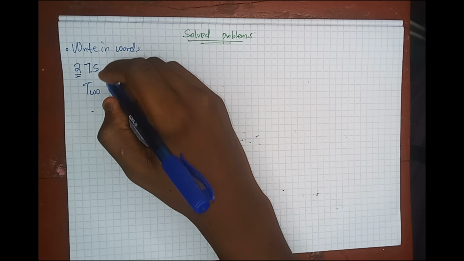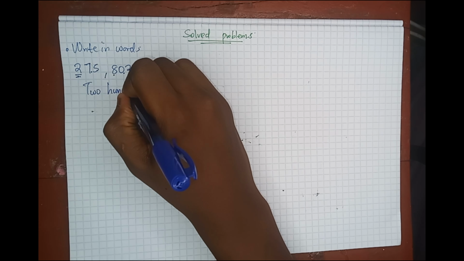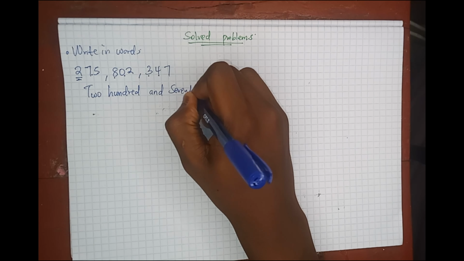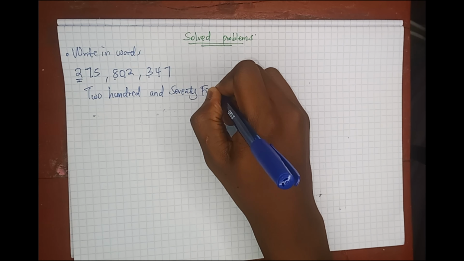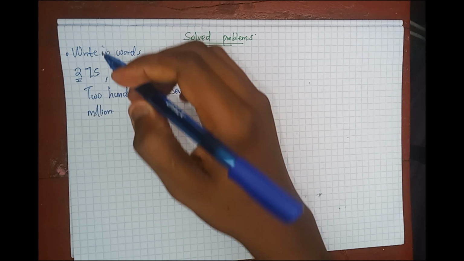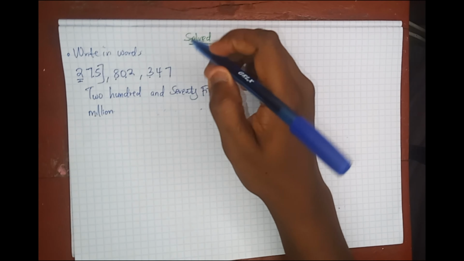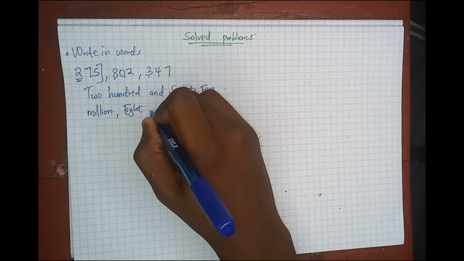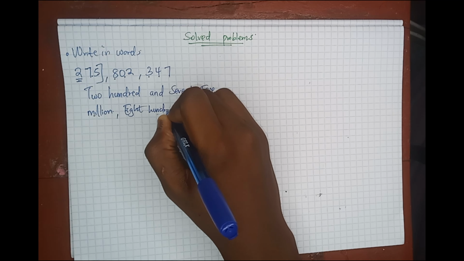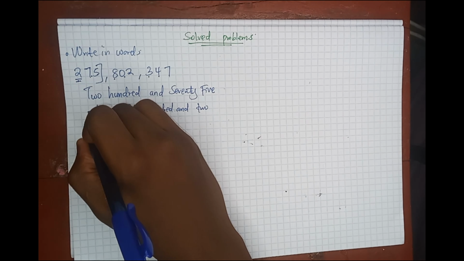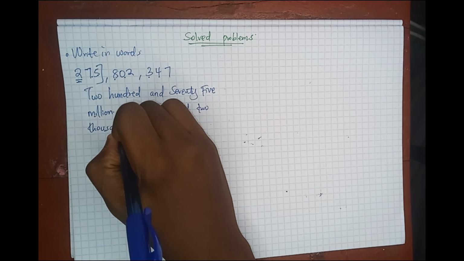The number is 275 million. So we are down to there. And then, comma, 802,000.